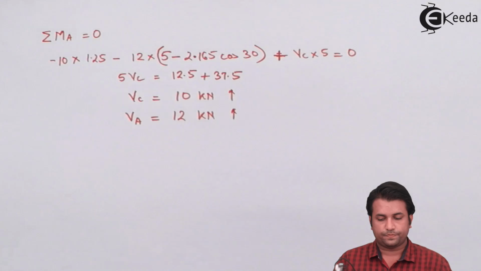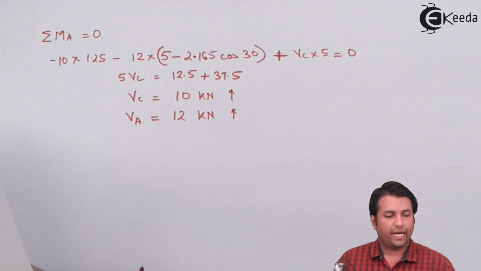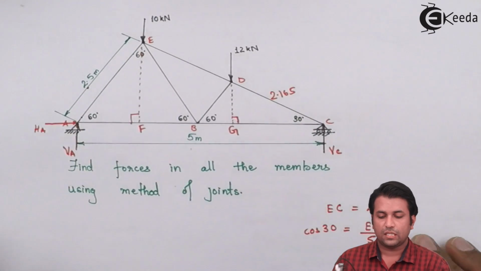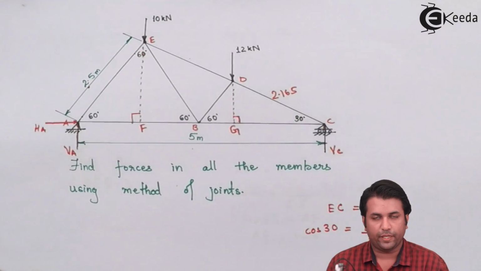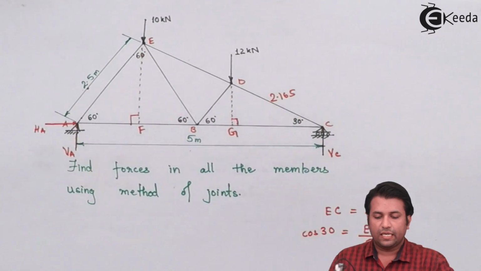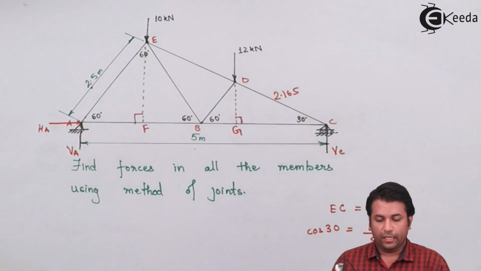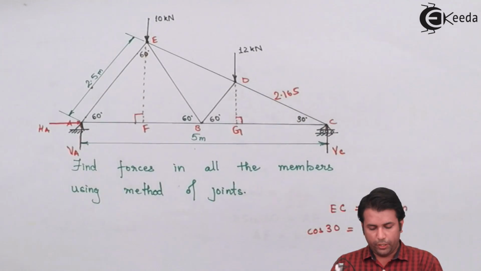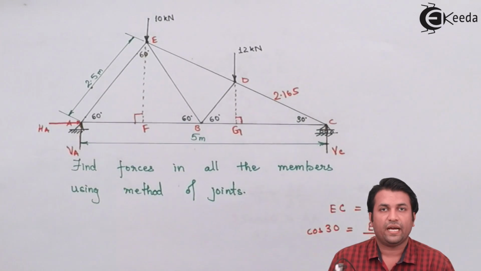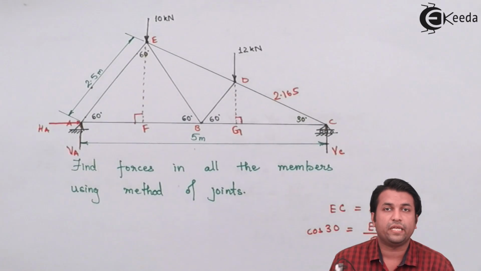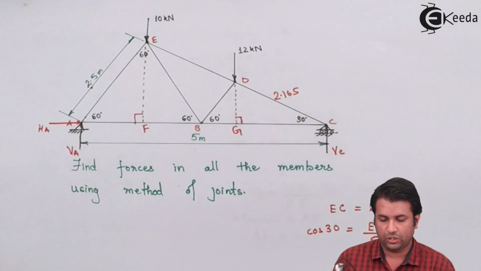Okay, now once I am done with this, I need to find out the forces in the members that are given to me over here. Now what I can do is take any joint and find out the forces in the members at that joint. To do that, as I have told you all, you first identify a joint wherein you have not more than two unknown members.